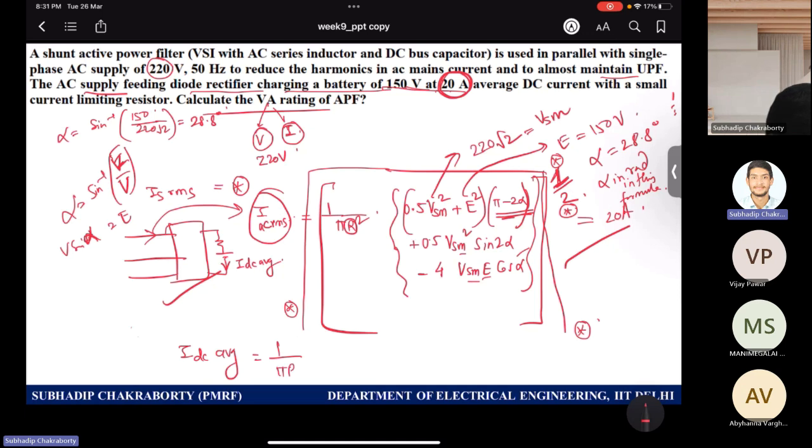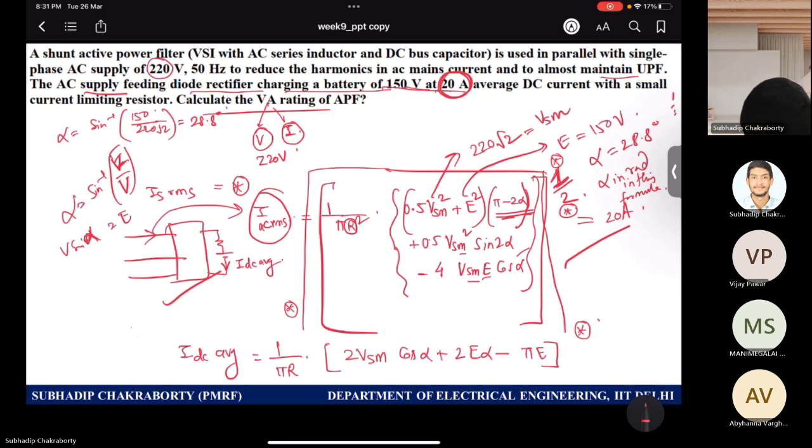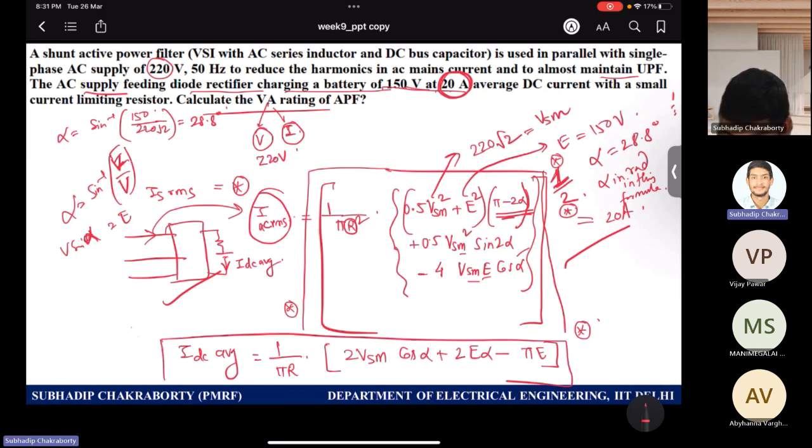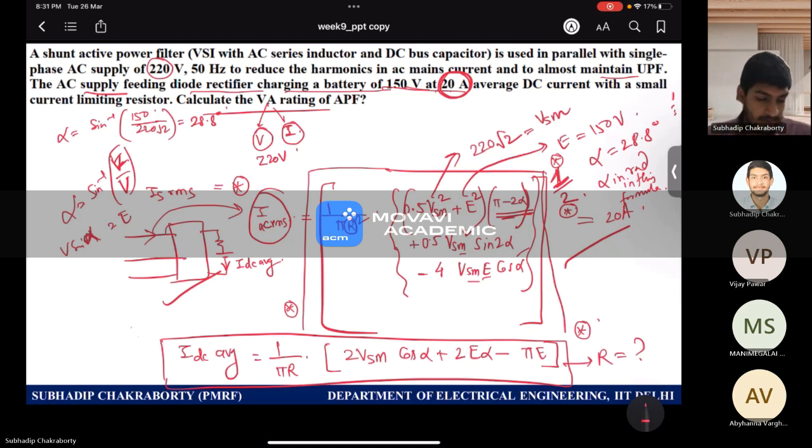So I DC average is given by this formula: 1 by pi R, into 2 V sm cos alpha plus 2E alpha minus pi E. It is a simple formula, and this will give you the value of R. So just try to determine what R is here, by putting IDC average as 20 ampere.